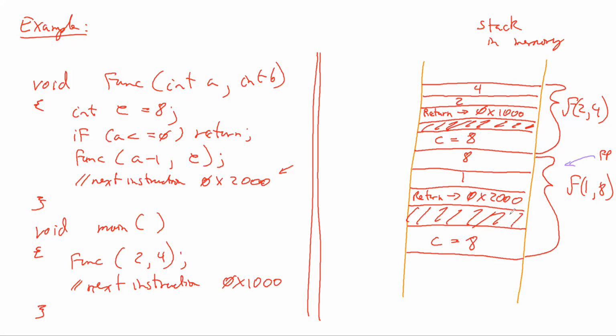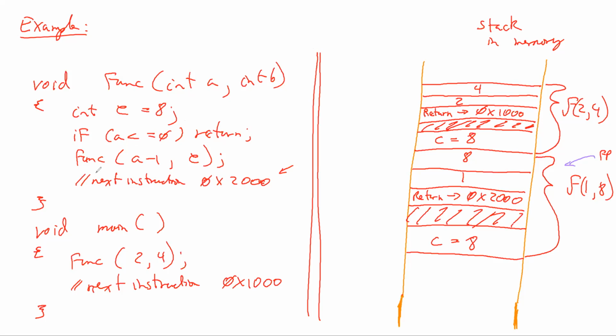Now, let's finish this. All right, so now we did F18. We have everything in the stack. Now we go back in. F18, C is 8. Is 1 less than or equal to 0?